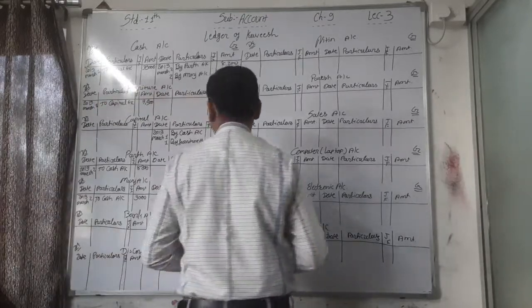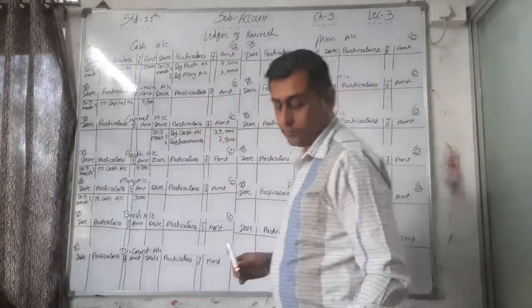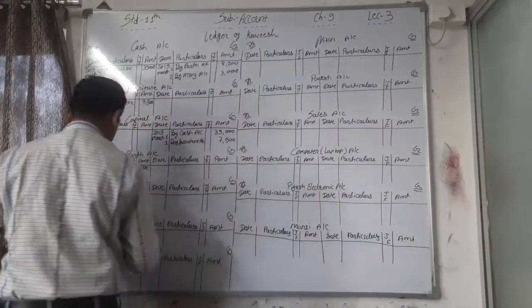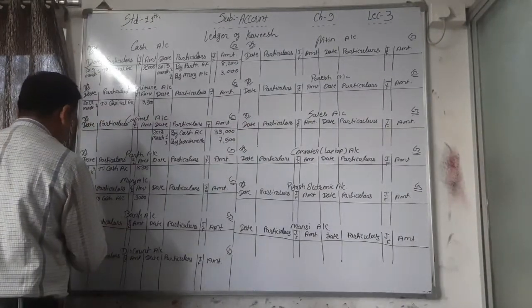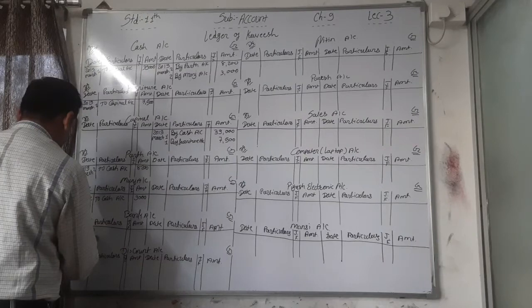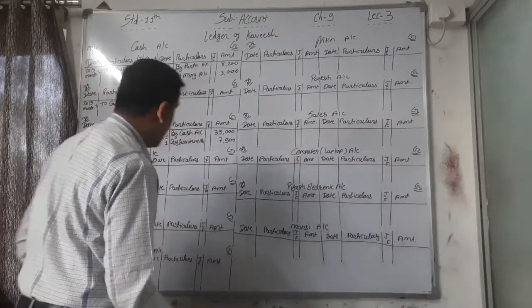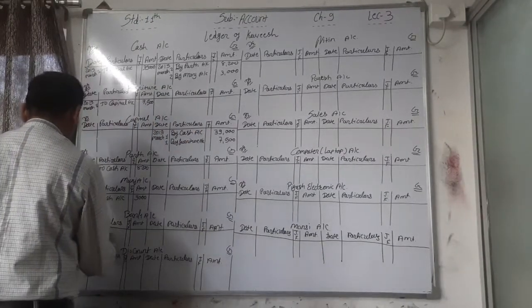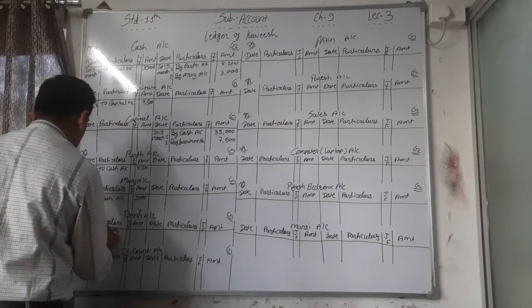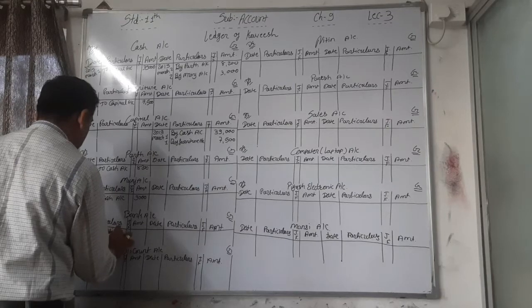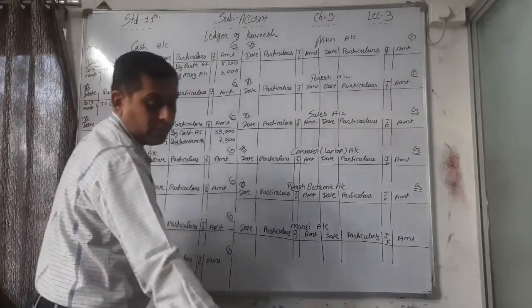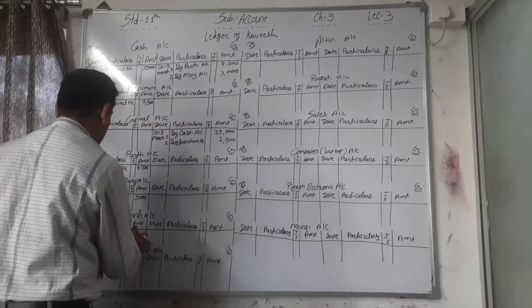Now in the bank account, debit side, 7,000. Bank account debit side, 2019 March 5th. Opposite side name, that is To Mansi account. The amount is 7,000.